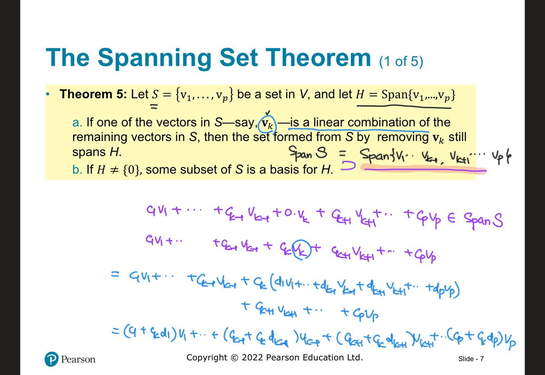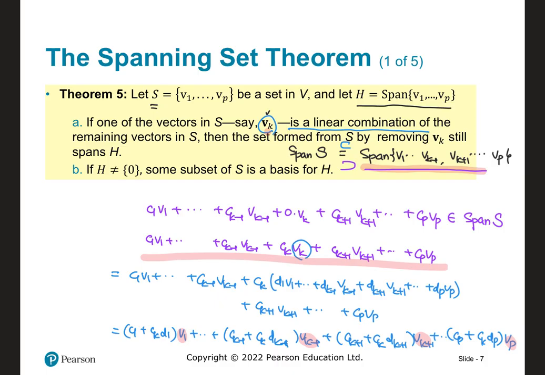I mean, if you have a linear combination of those p vectors, I can express it as a linear combination of these p minus 1 vectors, if V sub k can be written as a linear combination of the remaining vectors. So this shows the inclusion of span of S in the right-hand side. These two inclusions show that these two sets are equal.